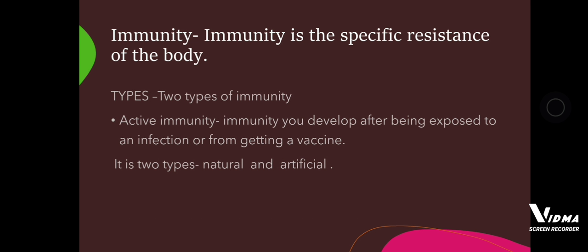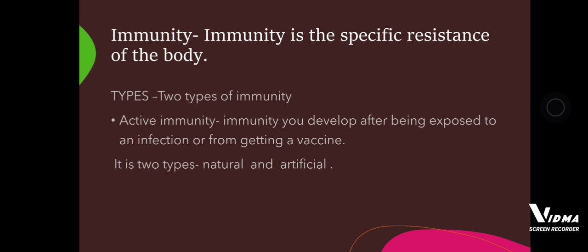Active immunity, you develop after being exposed to an infection or from getting a vaccine. Immunity you developed after being exposed means it is natural immunity. Like now corona is running. If you got corona, after recovering from corona, you will build immunity.